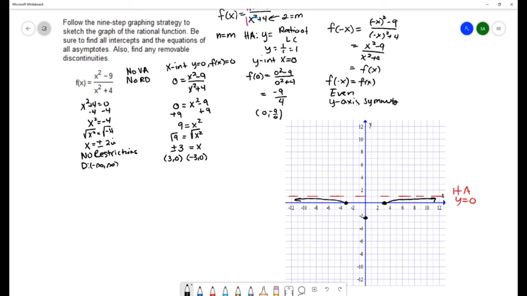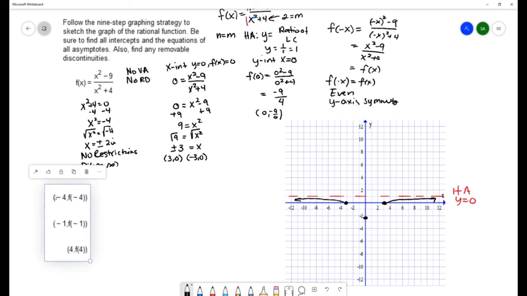When that happens, we find a few extra points to plot. In this problem, it was suggested to plot a few extra points, specifically these extra points.